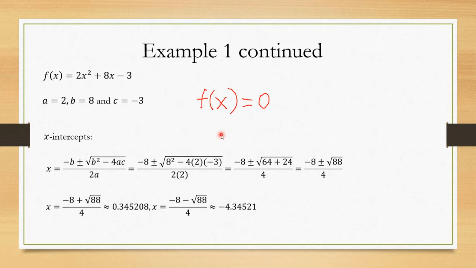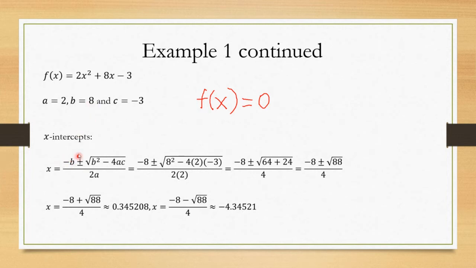In this case, your A, as before, is 2, B is 8, C is negative 3, okay? Now for the x-intercepts then, we're using the quadratic formula.